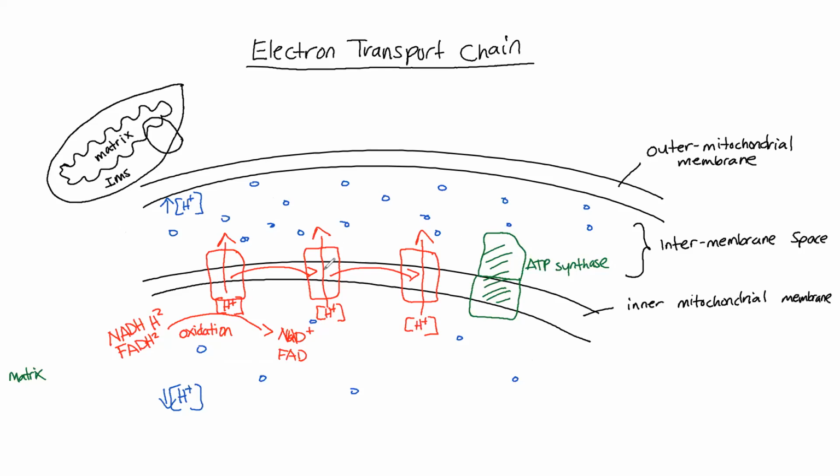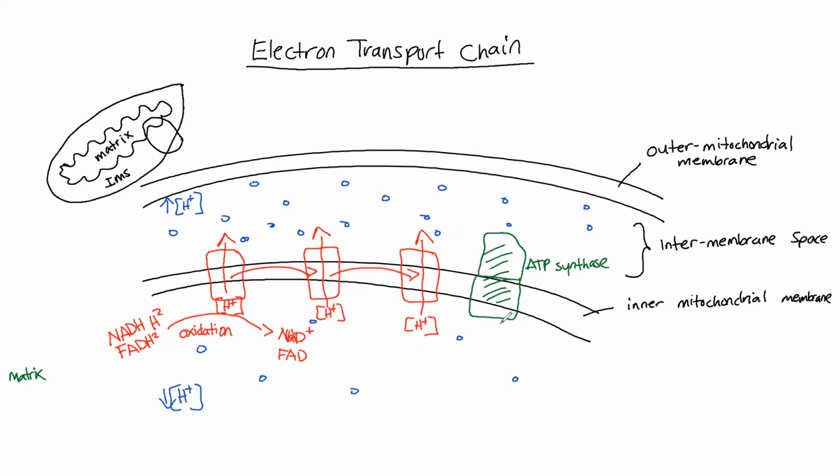And I've got these complexes here drawn in red just to highlight that this is an active process. Active because it's going to require energy to move these hydrogen ions across these complexes. And so as we're moving these hydrogen ions through these complexes from the matrix out here into the intermembrane space, we're taking the energy that's coming in from passing of these electrons. Okay, I hope that's clear.